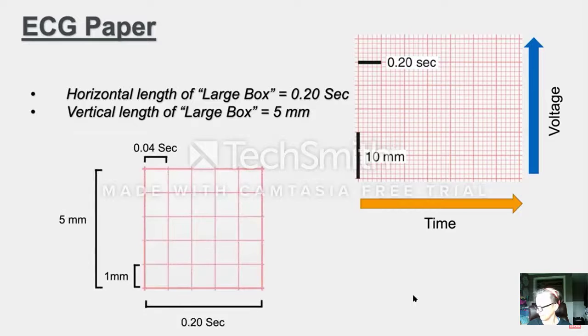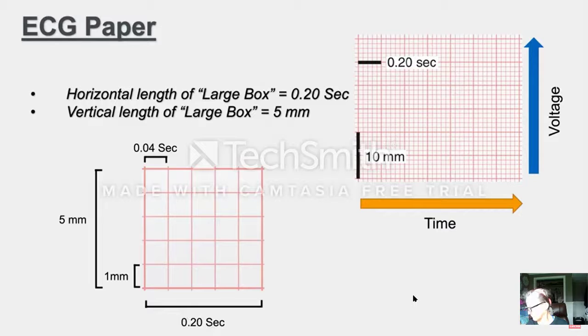If we were to take an even closer look at each of these small boxes on the horizontal axis, each small box denotes 0.04 seconds of time. So 5 of these would again add up to 0.2 seconds.